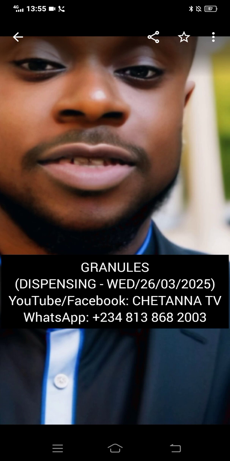Another reason why we formulate powder as granules is that it improves the compressibility of powder. So now that they are like this, once the punch hits them, they come together. Is that clear? They can easily come together as one mass, unlike when they are in powder form.